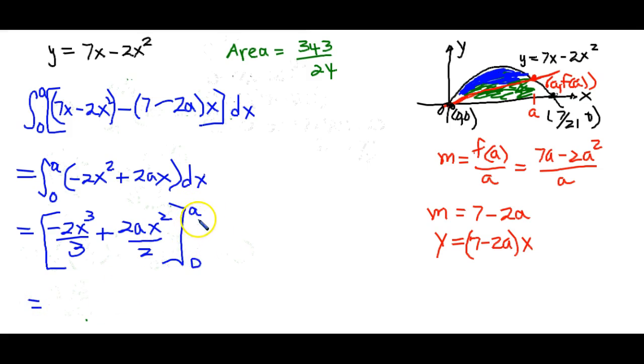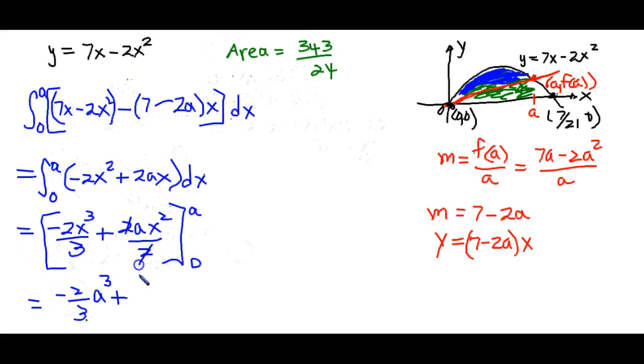We know that we're supposed to plug in our upper limit first, so we're plugging in a for x. I get negative 2/3 times a cubed plus a times a squared. A times a squared gives me a cubed.